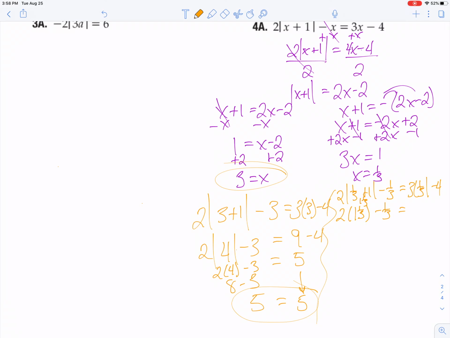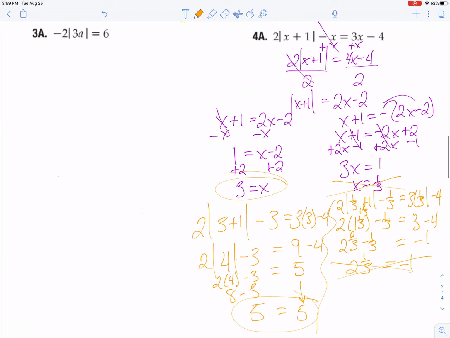And this is now going to be 2 and 2/3, or now 2 and 1/3. This is going to be 3 minus 4, negative 1. That's not true. 2 and 1/3 does not equal negative 1, so this is not an answer. Okay, that's why it's important to plug it back in. Verify that it will work.